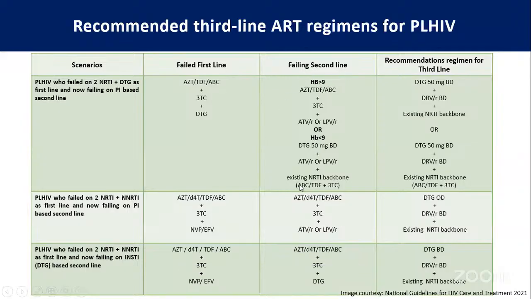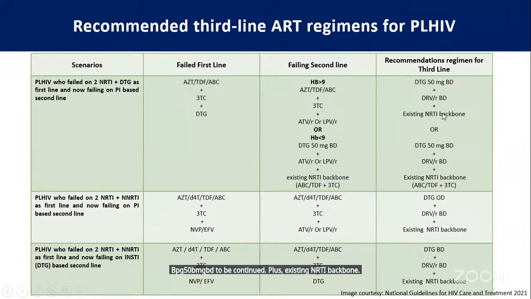Now, when this patient fails, what would be our third line regimen? Essentially, the patient has received all drugs, like DTG 50 mg BD, that's the maximum dose. He has received atazanavir, lopinavir. So we are only left with darunavir ritonavir 600/100 BID, DTG 50 mg BD to be continued, plus the existing NRTI backbone.